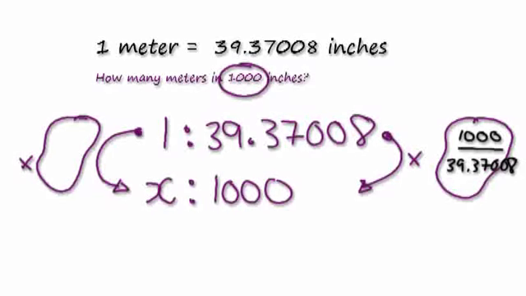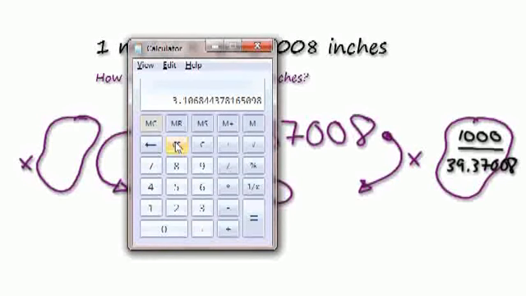Calculator, clear this. Okay, 1,000 divided by 39.3708 equals this.